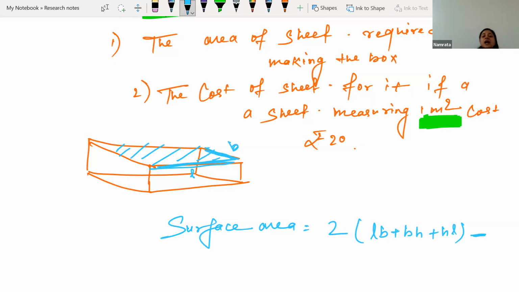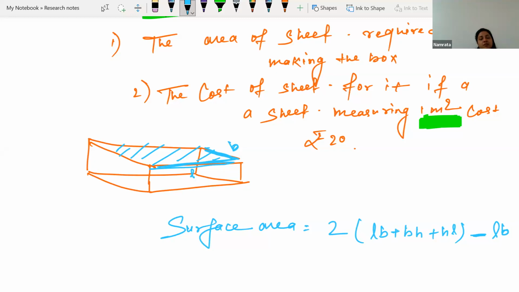So that area you need to subtract from here. Why? Because that part is not covered. The area of the sheet required to make this box will be the total area minus the top part area, because the top part is hollow. It is not covered. Getting it?